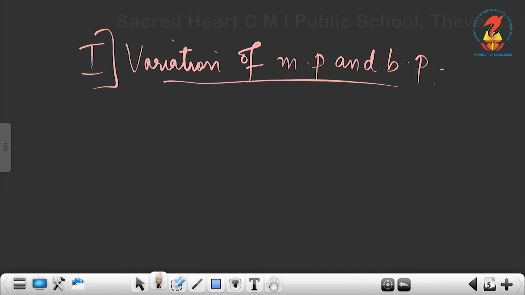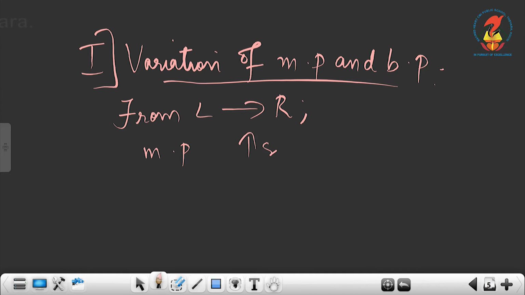From left to right across each transition series, the melting point and boiling point will increase.